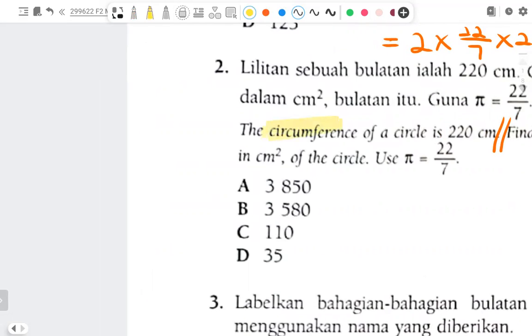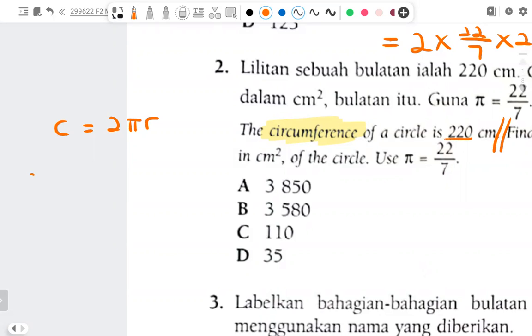So again, given circumference, what we do in maths, first step must write down the equation. That one is the rule of thumb. So first step, always write down the equation first. So how to find circumference again? C equal to 2 pi r. So we have the answer for the circumference already.